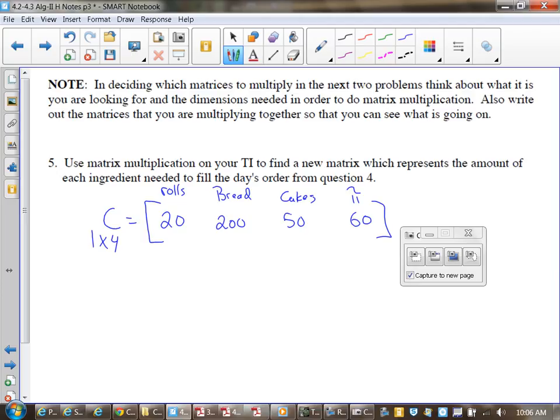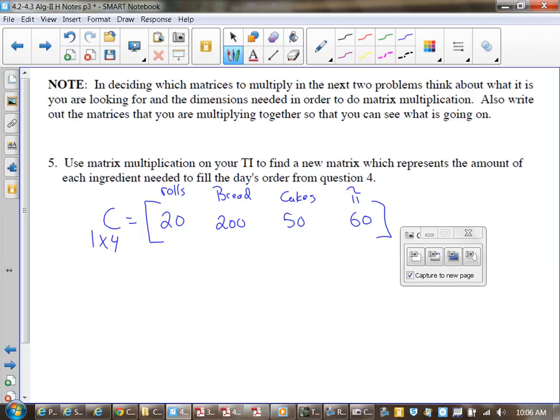So if I'm looking at working to figure out total ingredients here, I have this 1x4 of my order, which means I have to start figuring out how to multiply this stuff together. That means the other one's only going to have one column, right?